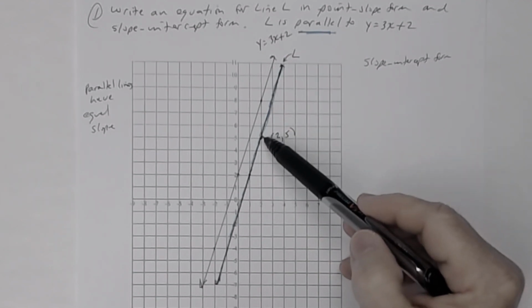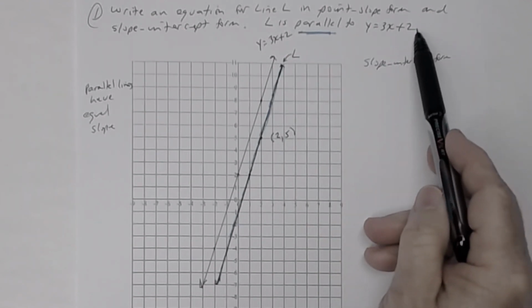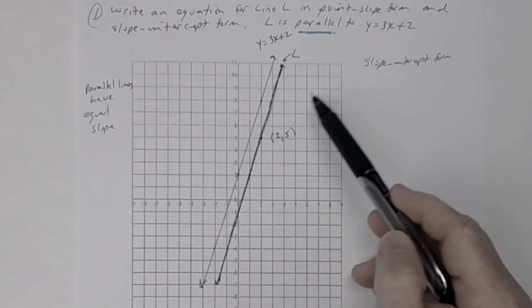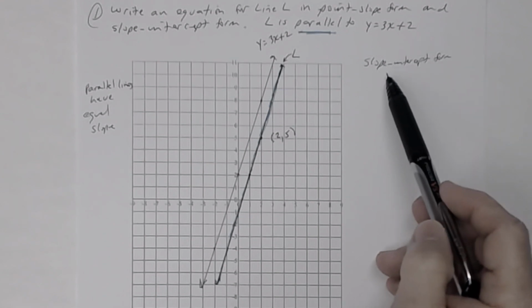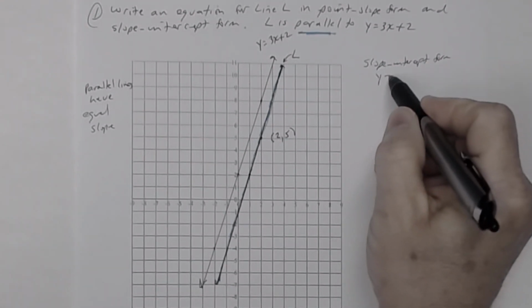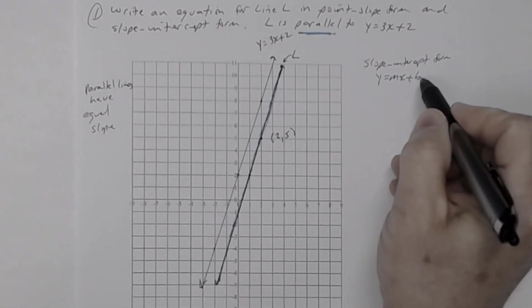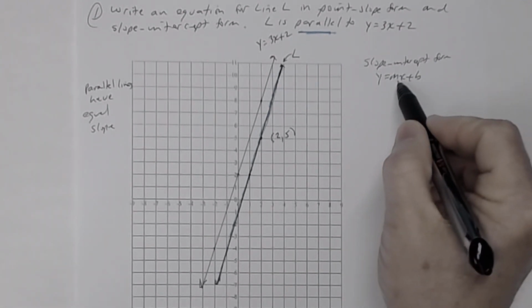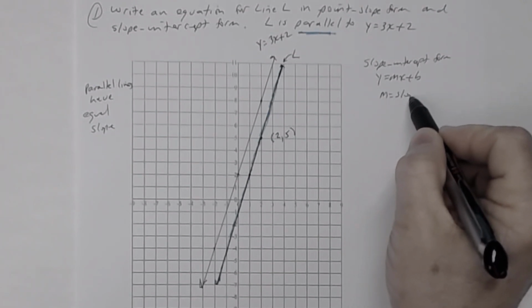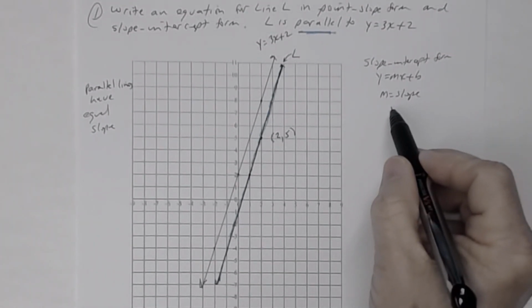You can easily do that because this equation, the one with this graph, is already in slope-intercept form. Remember, slope-intercept form is y equals mx plus b, and the coefficient of x is your slope. The slope we denote by lowercase m.